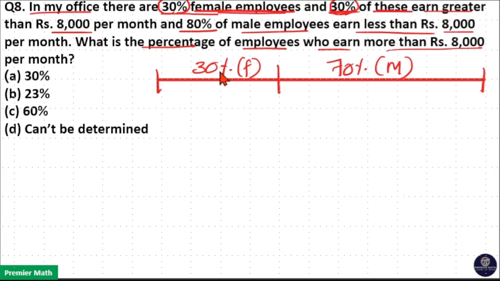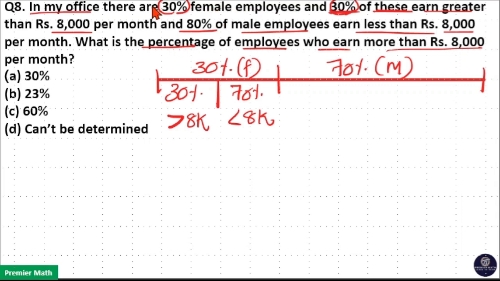So out of this 30%, 30% earn greater than 8,000 rupees per month and remaining is 70%. So 70% earn less than 8,000 rupees. Same way, 80% of male employees earn less than rupees 8,000.